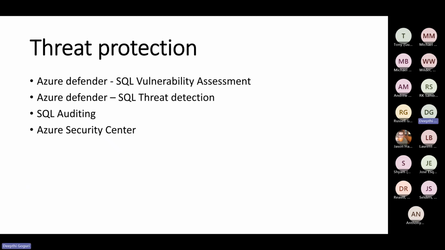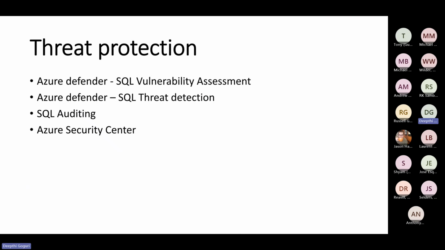There is also SQL threat detection underneath the Azure Defender. If a bad actor tries to access your database from different locations, suddenly you'll get an alert. You can set up the alerts in such a way that you'll receive an email immediately once somebody tries to log in. You'll get that triggered, and then you'll get the notification.